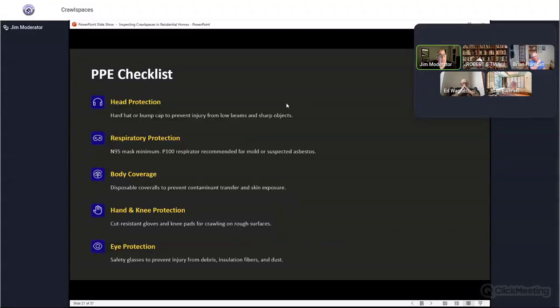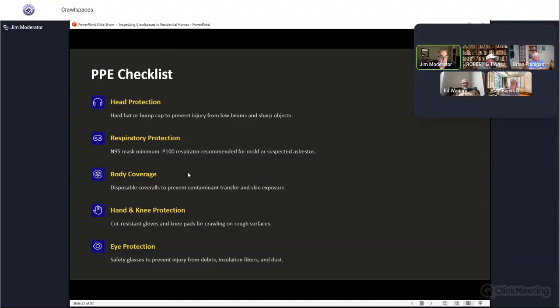We want to make sure of the personal protection checklist: head protection, respiratory protection. Bring a mask because it could be dusty down there. Body coverage: I personally go into a basement or crawl space last because I don't want to track everything through the house and I want to see if there's been any leaking from water running. But disposable coveralls are good.